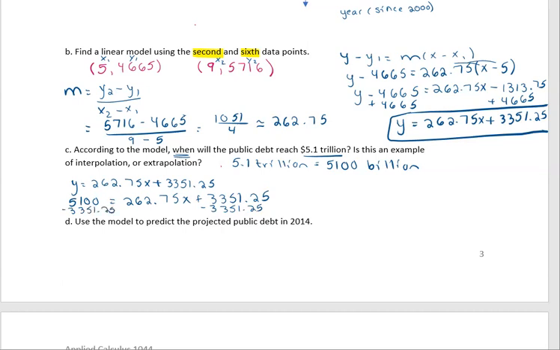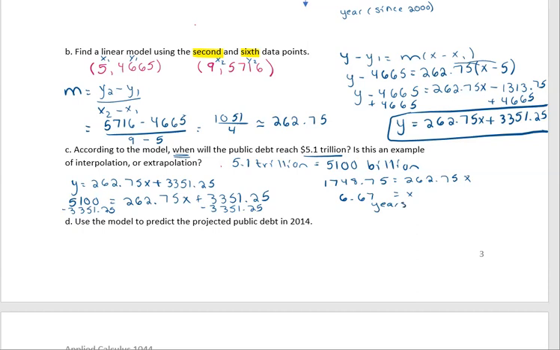If we do that, we get 1,748.75, and that equals our 262.75x. So now we need to divide both sides by 262.75. And if we divide, we get 6.67, and this would be years.